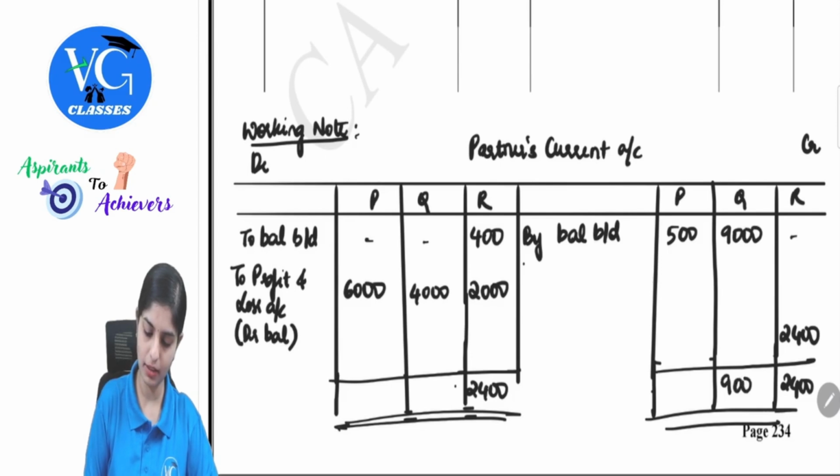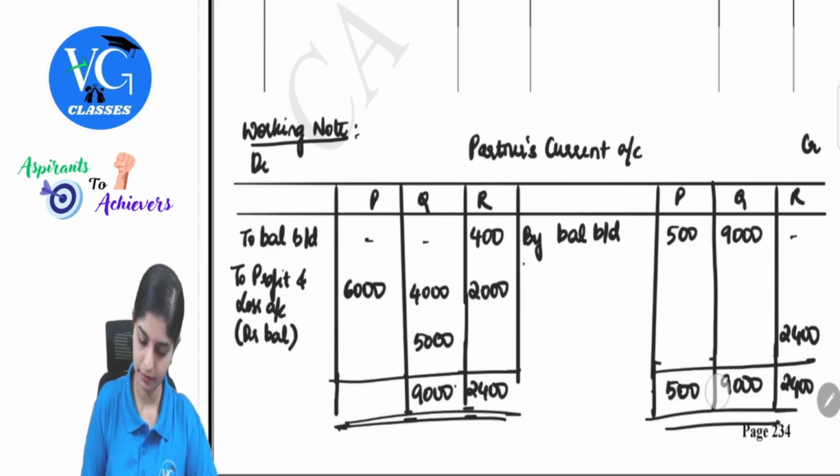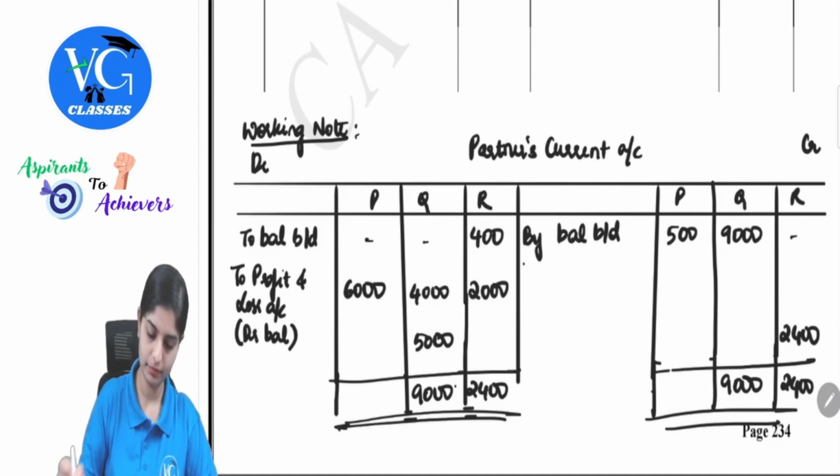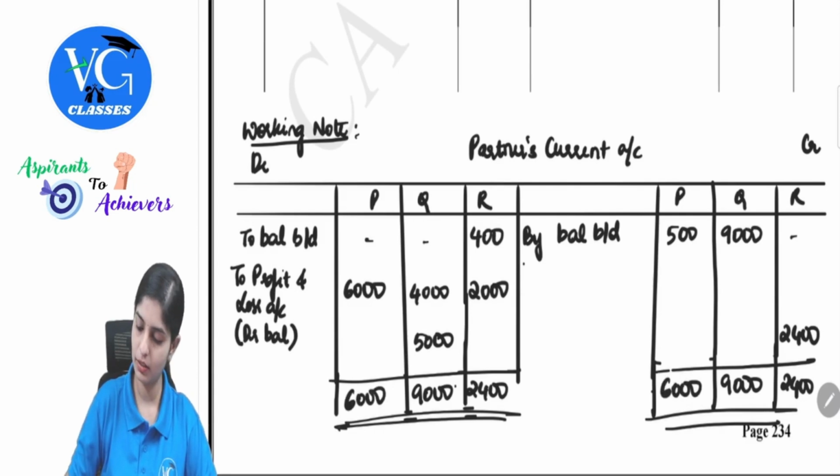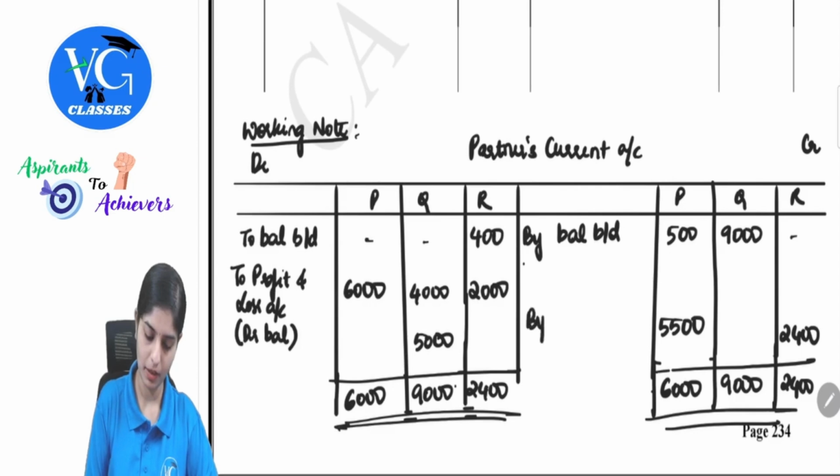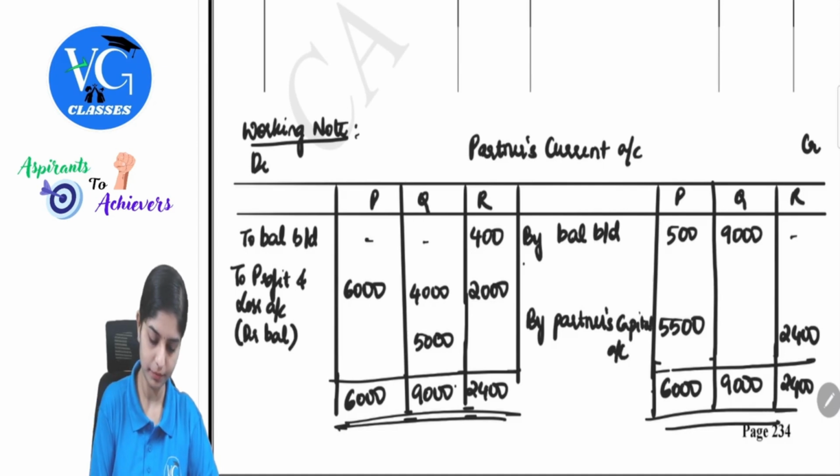Then we have 9,000 minus 4,000 will be 5,000. 500. 6,000 minus 500 is 5,500.